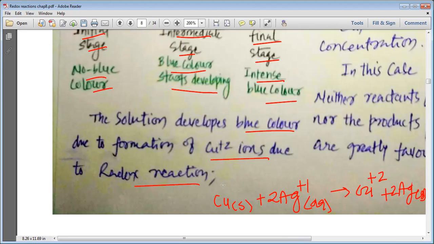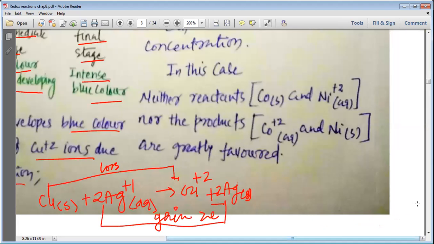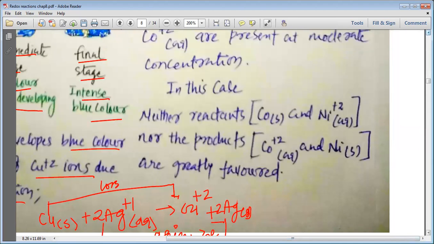So here, by the loss of 2 electrons, copper is oxidized, whereas by the gain of 2 electrons, silver is reduced. So this is how we can easily understand the reactions. Let's move forward and understand it well.